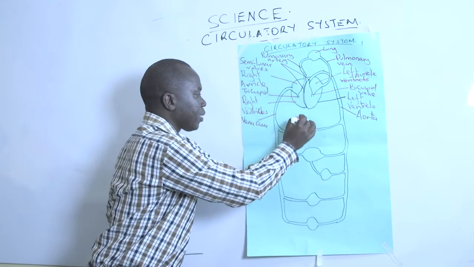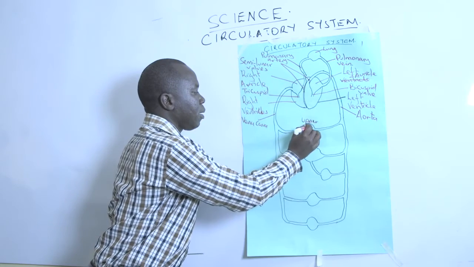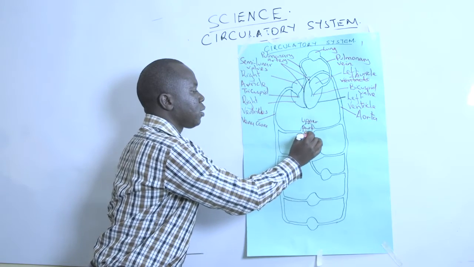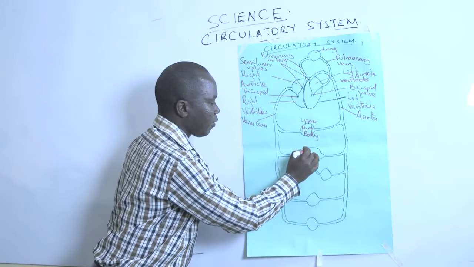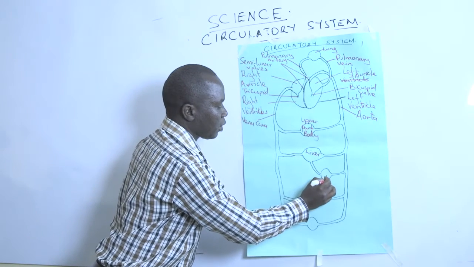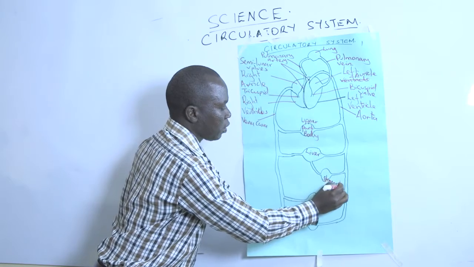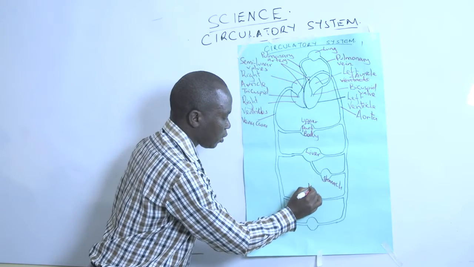We have the upper part of the body. We have the liver. We have stomach and intestines. Then kidneys.